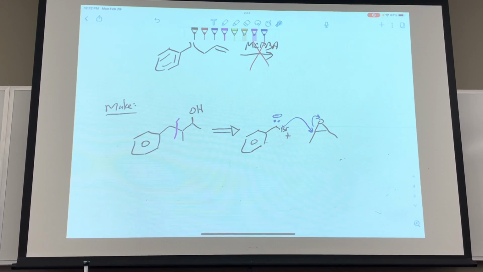So the hardest part about using these epoxides is seeing them in the molecule, seeing them in the target, being able to look at this structure and say, oh yeah, I think I can do that with an epoxide. That's really the hardest part about doing these, because the epoxides are very easy to make. If I'm trying to make that epoxide, all I need to do is take 2-butene and treat it with MCPBA.